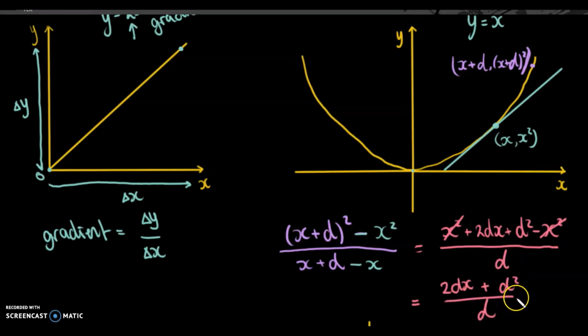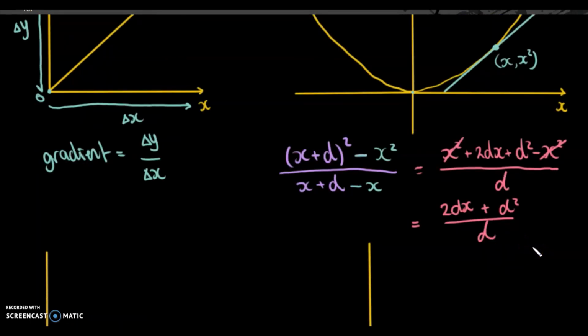Okay, well, where's this taking us? We said if this d value is really, really small, then our approximation would be better and better and better. So let's think about what happens when this gets really small. Let's rewrite this fraction that we have, and let's split it into two parts.